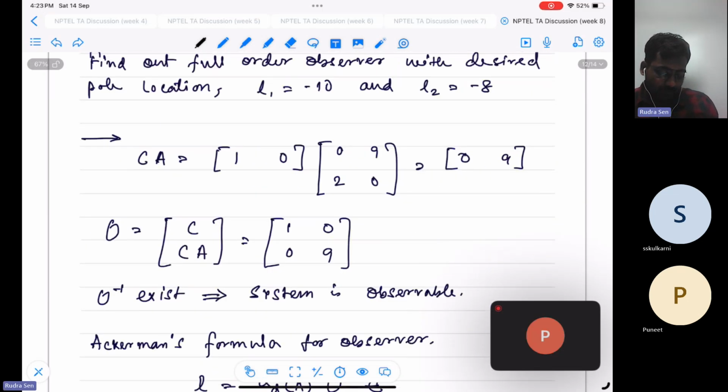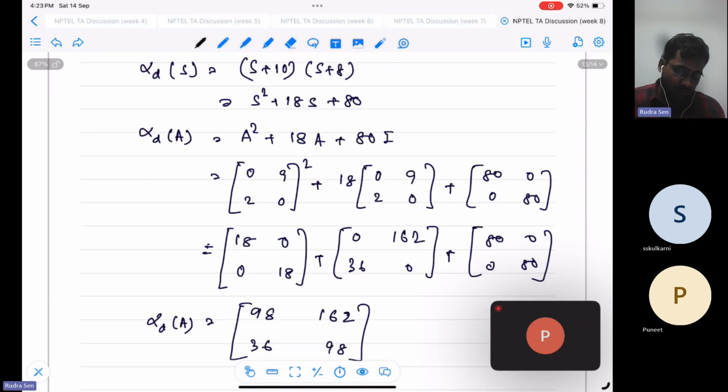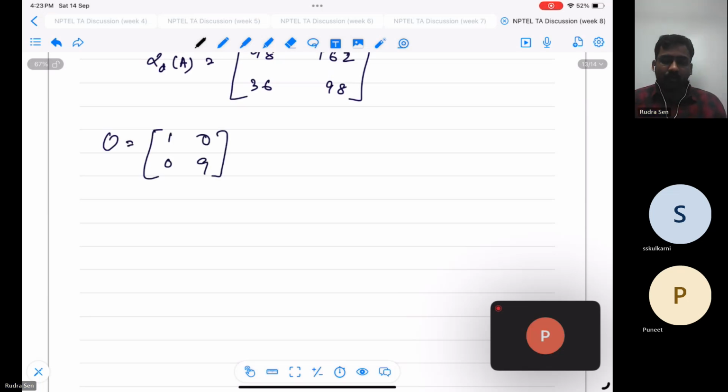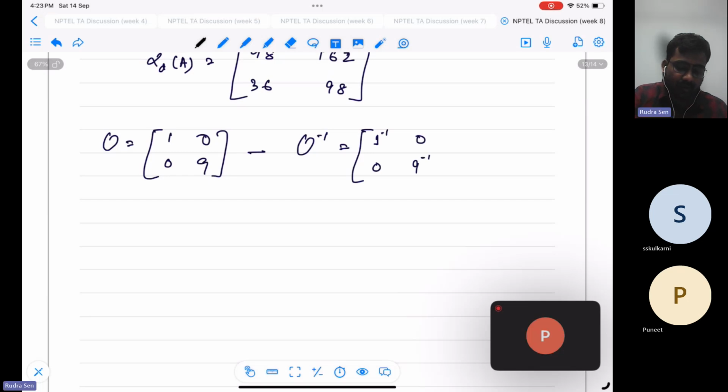Now I have to find out O. I know that O is diagonal, and in the case of a diagonal matrix, finding the inverse is very easy. You just put the inverse on all the diagonal elements. So it would be 1, 0, 0, 1 by 9.